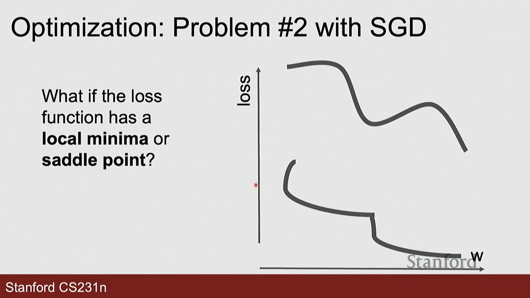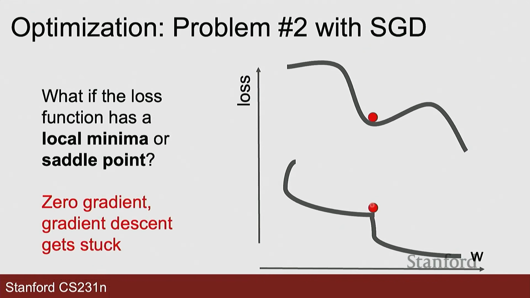All right. So one of the things we also might have an issue with in SGD is what happens if the loss function has a local minima or a saddle point. So for example, here at the very end of this curve, it's completely flat. If we were to imagine we're moving down the hill here, we would just get stuck because it's flat, and we wouldn't be able to progress any further because the gradient here is 0.